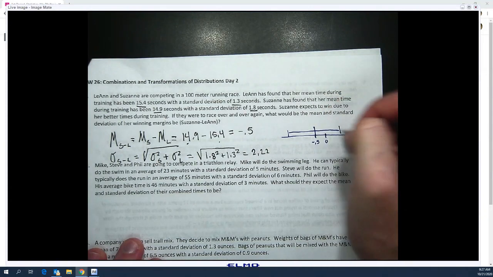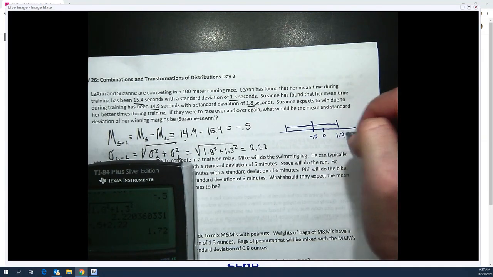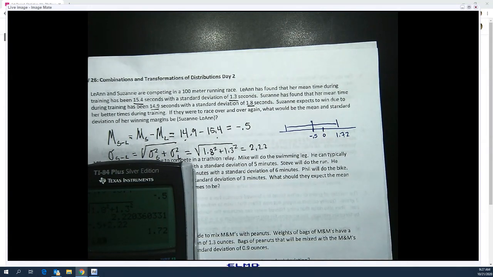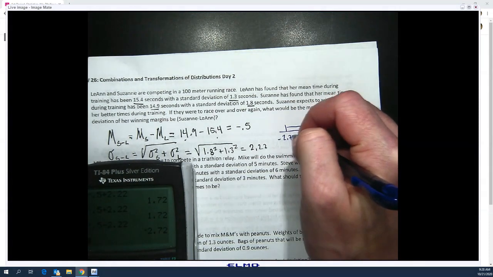These are typical values. You don't have to write this on your paper. This is more just to show you what we're talking about. So negative 0.5 plus 2.22 is 1.72, and negative 0.5 minus 2.22 is negative 2.72.